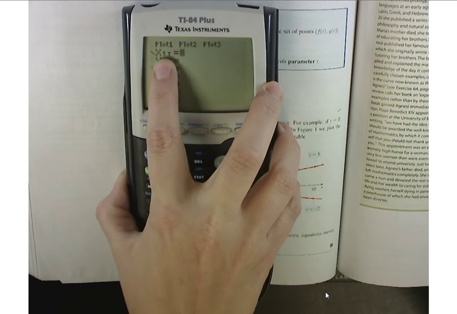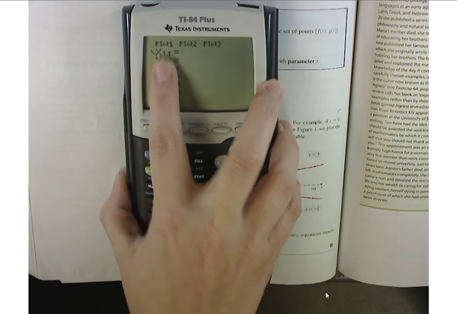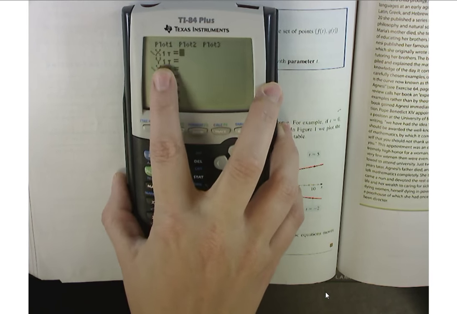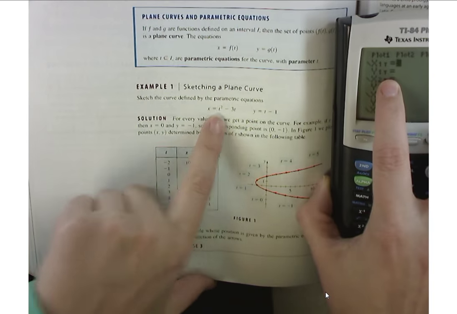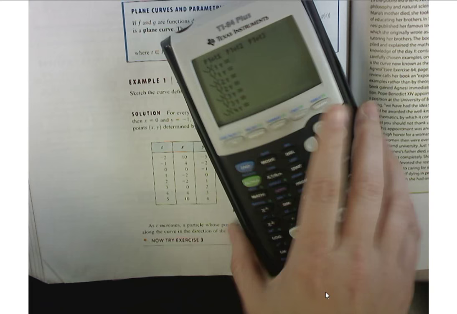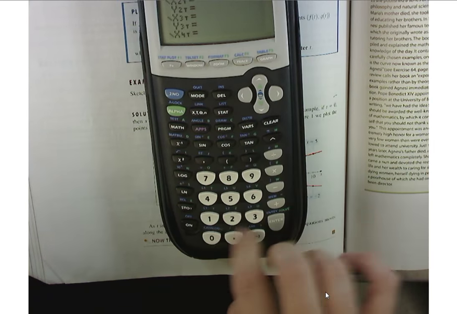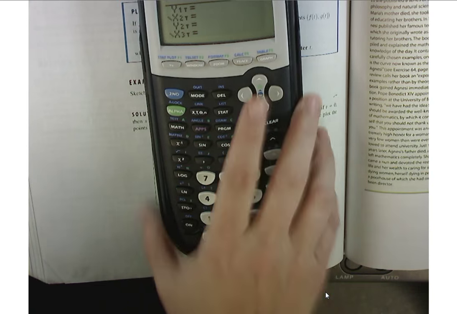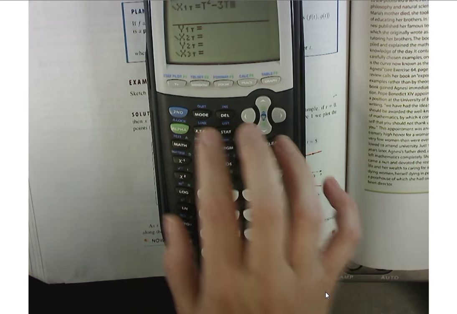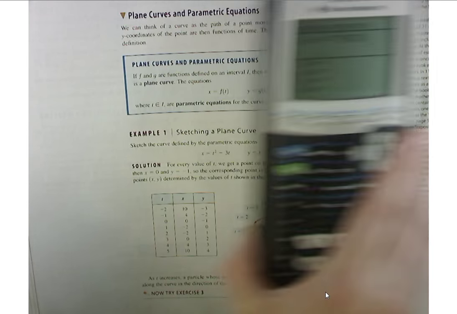We have x sub 1 of t and y sub 1 of t. So you have two equations for each, your x and your y, which is perfect because we have our x and our y here. Your x is t squared minus 3t, so I'm going to do t squared minus 3t. And the second one is going to be t minus 1.